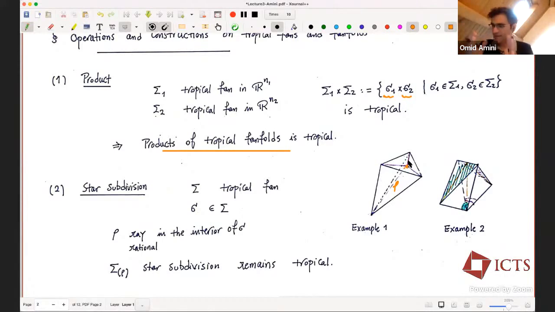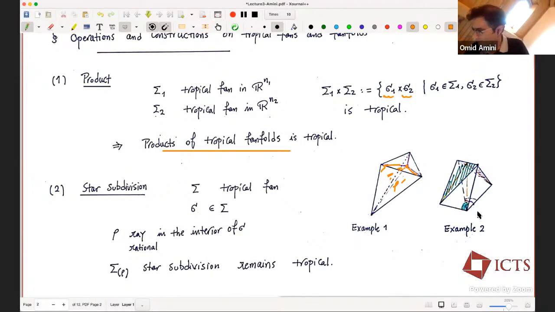Now that you have added these three new two-dimensional cones, you have to add also three new three-dimensional cones, because you have, for example, this cone that you see just in front, which has this two-dimensional cone, the front two-dimensional cone, and the two ones which appear here. And of course, you have also the two other ones which are behind here that I cannot show you, but you can imagine. So then you have subdivided this three-dimensional cone. If the fan is three-dimensional, then you stop here. There's nothing to subdivide.